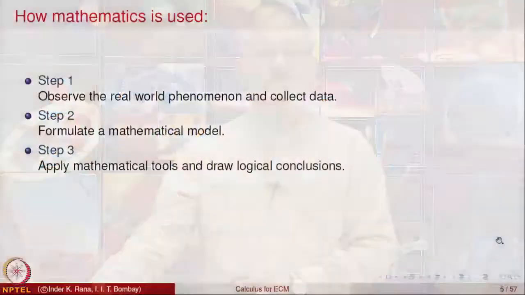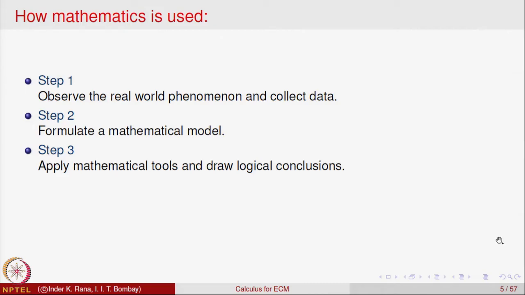Apply the mathematical tools and draw the logical conclusions. So, once the data is collected and you have formulated the mathematical model, put the conditions, you apply the mathematical tools to solve that problem, and make the logical conclusions.